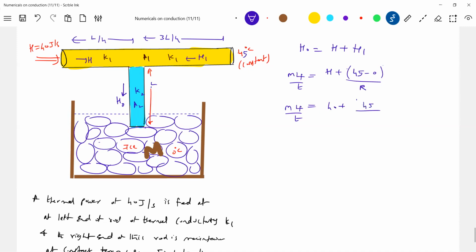The length of this rod is 3L by 4, K1A, and the length of this rod is L by K2A. Able to get this one? What is R? R is the resistance between 45 and 0 degrees, or how much resistance the heat flow will see: the resistance of this rod plus this rod.